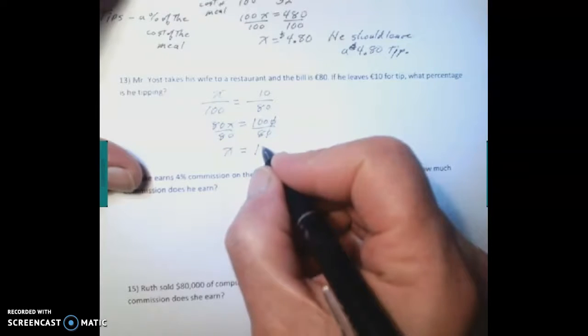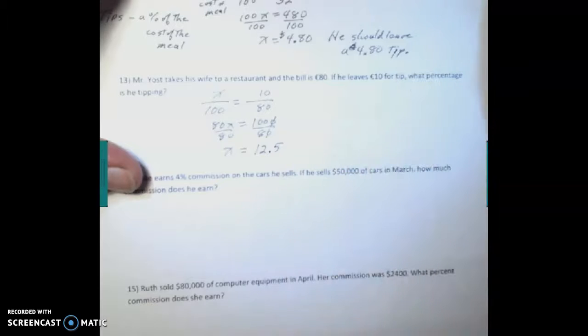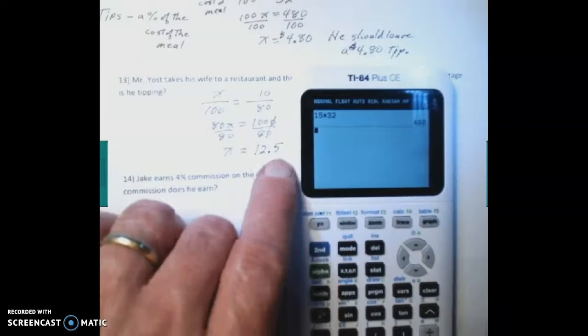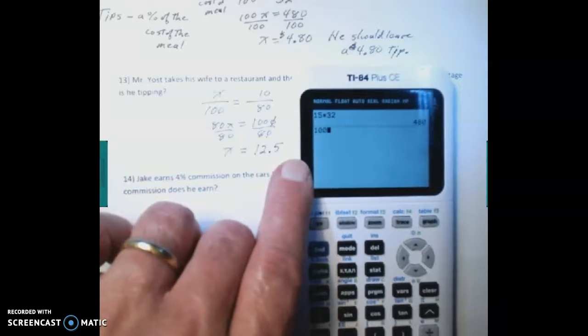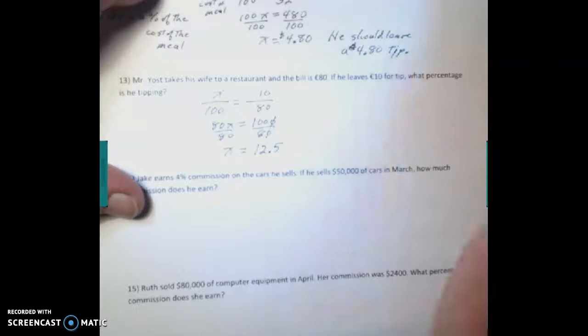That is going to be 12 5/10. Just to check myself, 100 divided by 8 is 12.5. I could also have done 1000 divided by 80, and that would again give me 12 5/10.